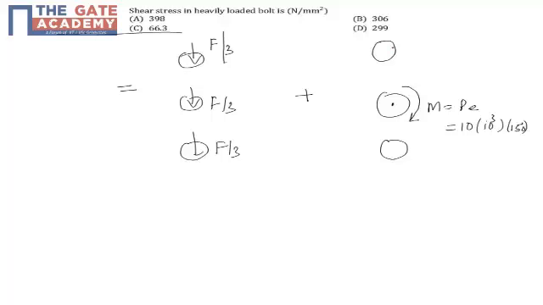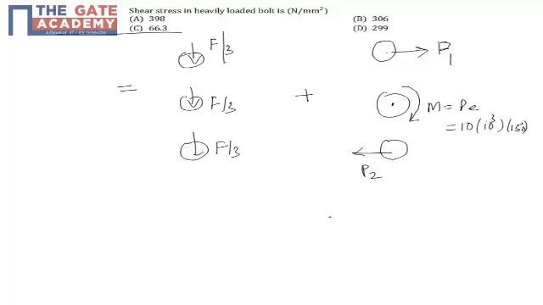Now this moment will obviously try to cause a force, let's call it P1 here. So this M causes a force P1 here and causes a force P2 here. Now how do we find out P1 and P2?